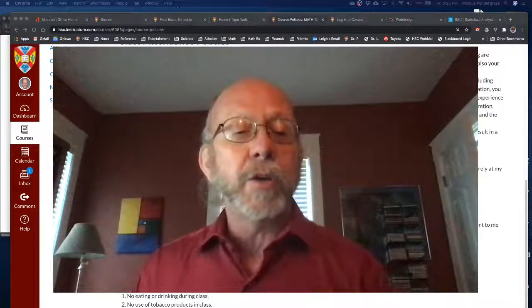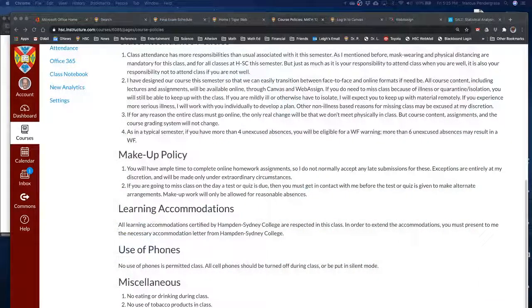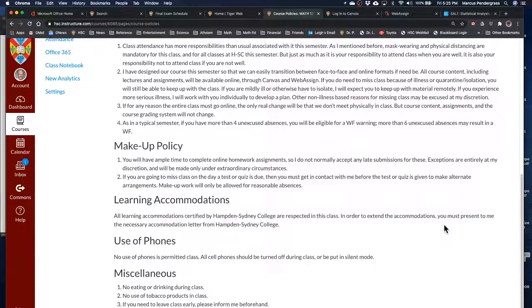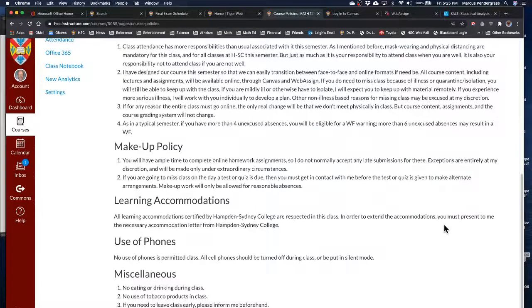In terms of some other things, no eating or drinking in class. That's just not part of what we're about in class. No use of tobacco products in class, and this would include vaping or smokeless tobacco, as well as other tobacco products.